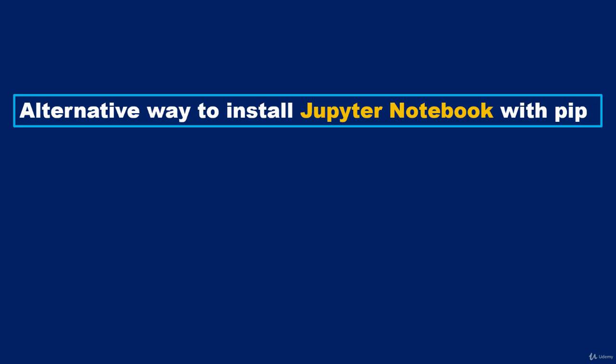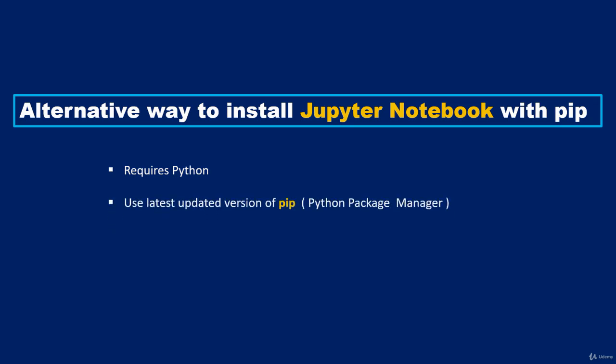Before you set up the Jupyter Notebook using pip, you must make sure you already have Python installed, and then you need to make sure you have the most recent and updated version of the Python package manager, pip. If you've got a MacBook, Mac comes pre-installed with Python version 2.7. So if you want to upgrade pip on a Mac, you will have to type in pip3, which means that you are referring to pip version 3 and not version 2.7.